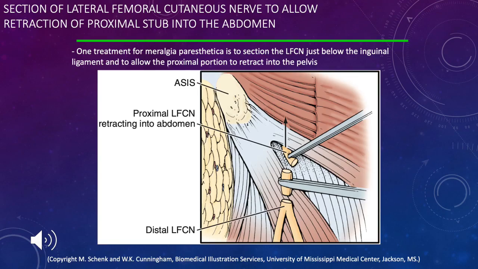But in some cases, it will be necessary to resect the lateral femoral cutaneous nerve and then to attempt to seal the terminus or place a neuroma preventing implant, some of which are now commercially available, and then to allow the proximal end to transpose into the abdominal space so it will not be pulled against the inguinal ligament and will not be as commonly aggravated by movement as will occur in its natural position.